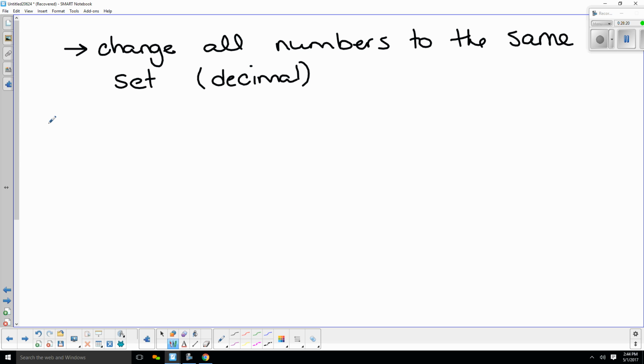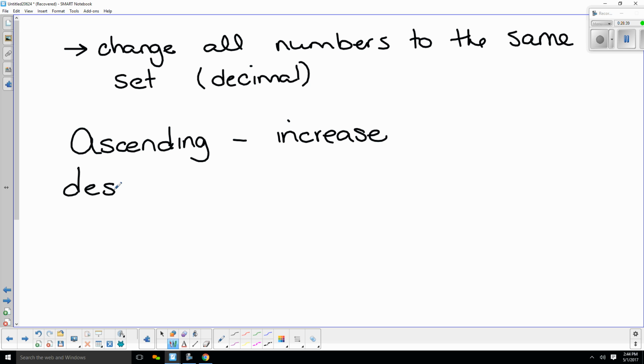Now we have some words down on the side. Ascending means you're increasing. So if I ask you to put it in ascending order, I mean from smallest to largest, least to greatest. Descending means you're decreasing in value.